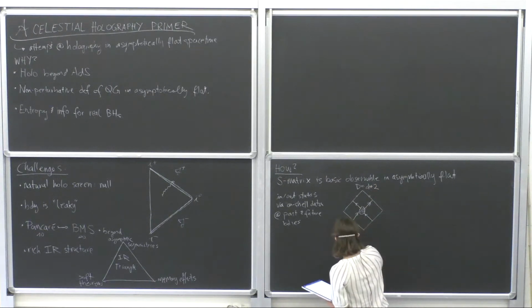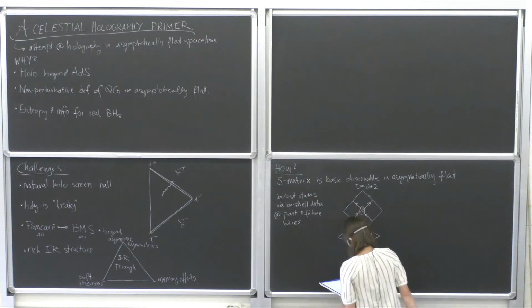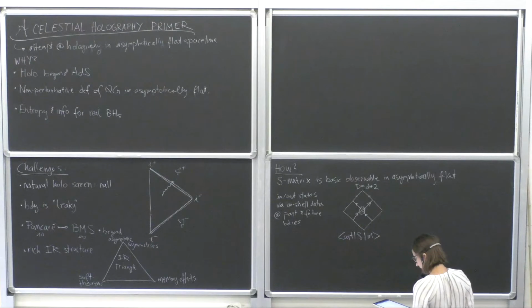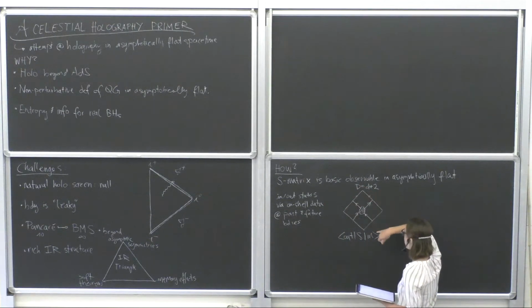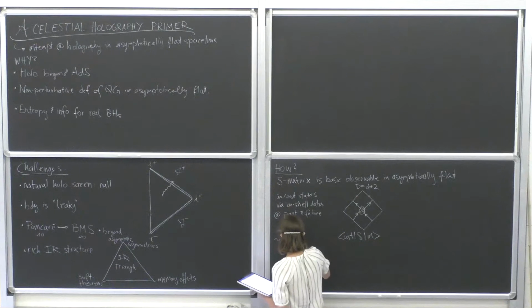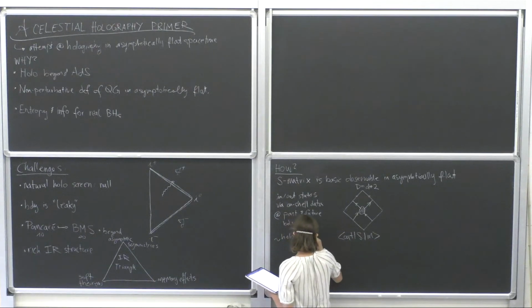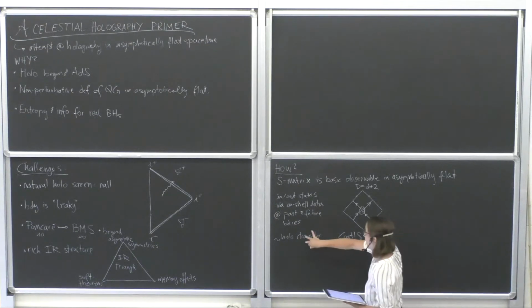Then we can compute here the S matrix, so the scattering of in and out states. And because we are describing this process via on-shell data on the boundaries in the past and on the future, the S matrix already has a holographic character. But we can make this holographic character more manifest.